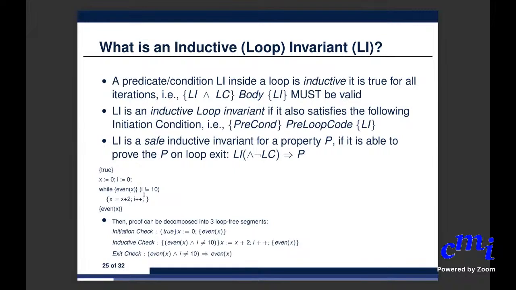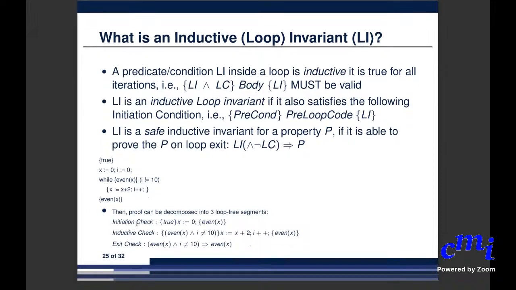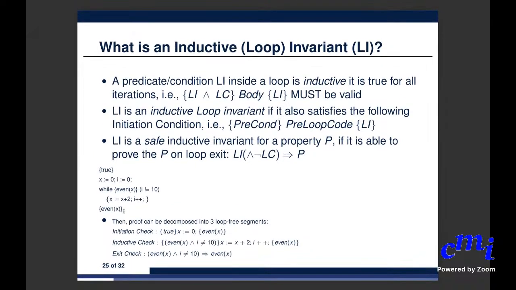Every time in the loop you increment I, and you exit when I is equal to 10. What you wish to prove, after exiting the loop, is that X is even.